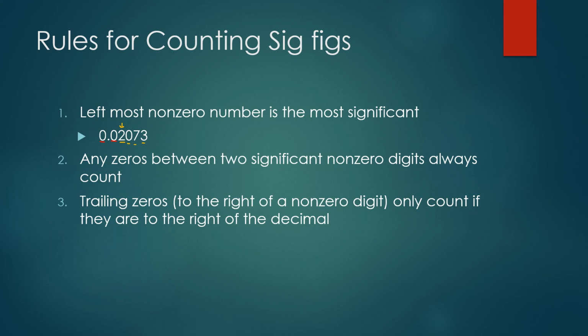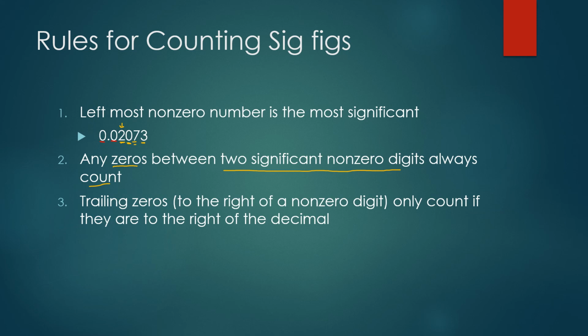So if you have a 0, looking at rule number 2, any zeros between two significant non-zero digits count. Okay, so rule 1 says that all non-zero numbers count. So that would be my 2, my 7, my 3. Those all count. Now I said zeros sometimes count.